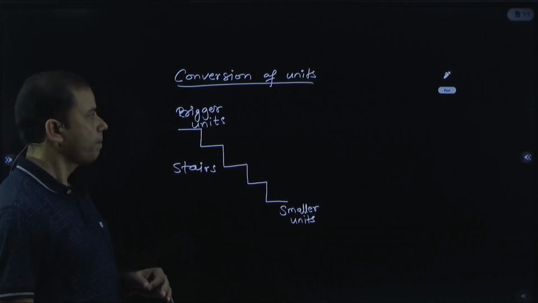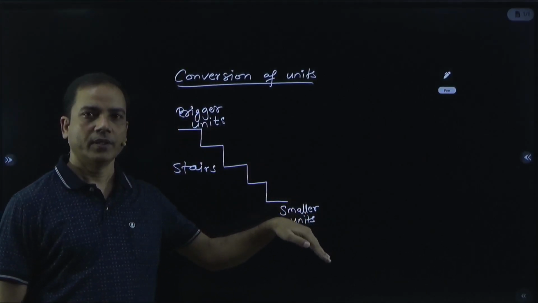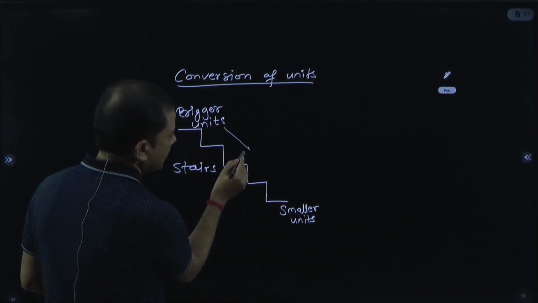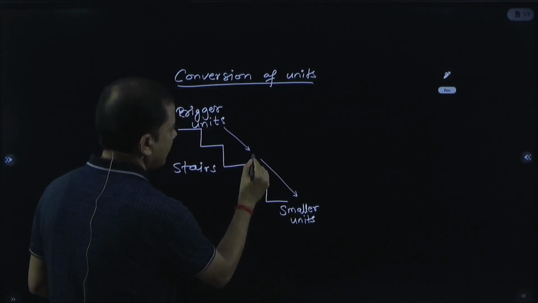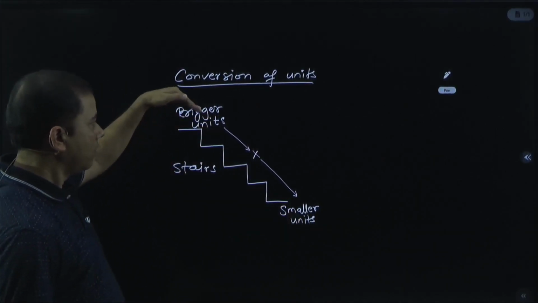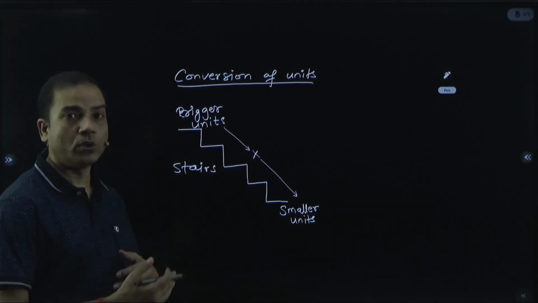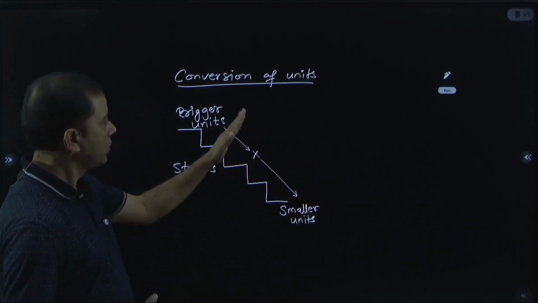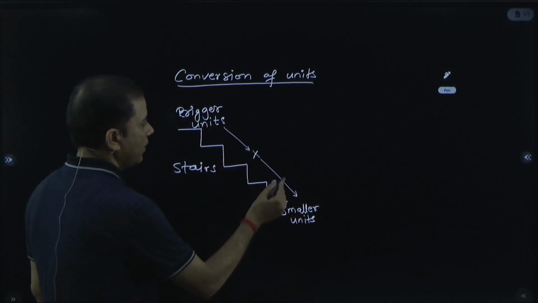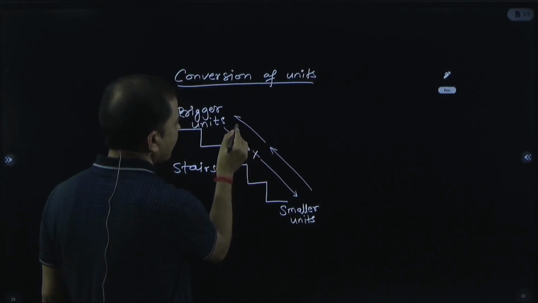So the rule is that when you change bigger units into smaller units, you multiply. Bigger units into smaller units, up to down, you multiply. And when you go reverse, smaller units to bigger units, down to up, you divide.